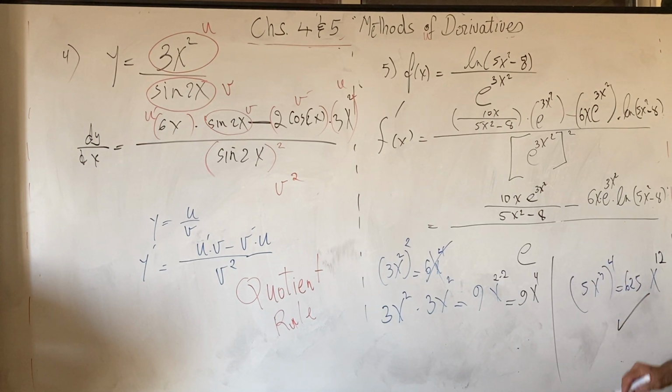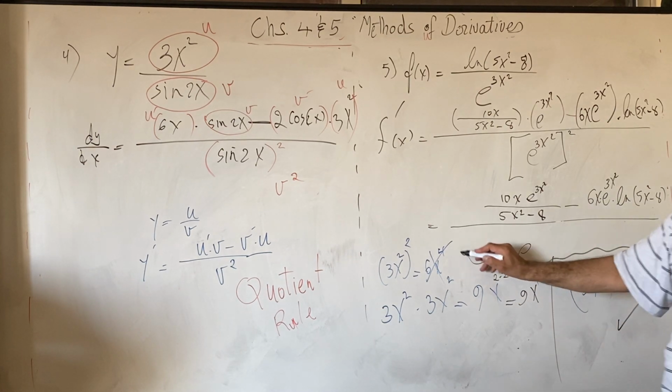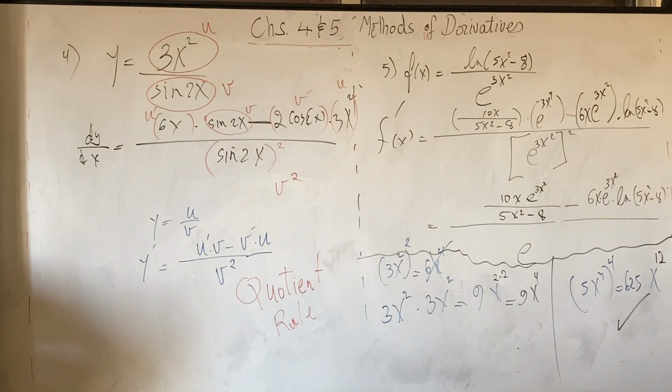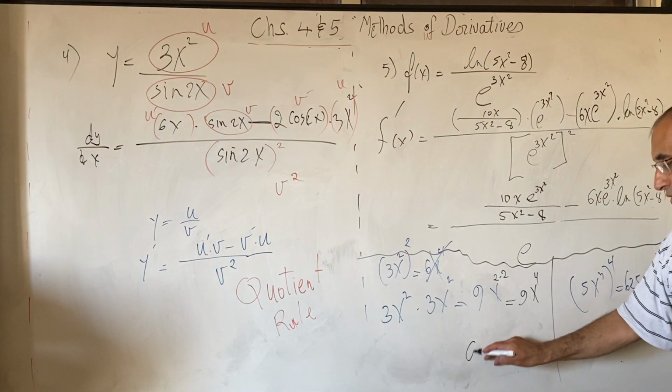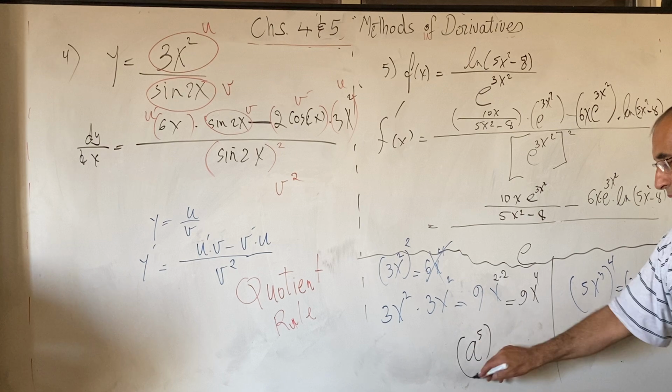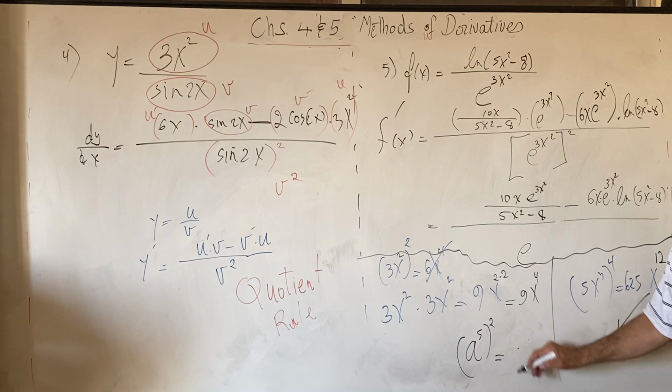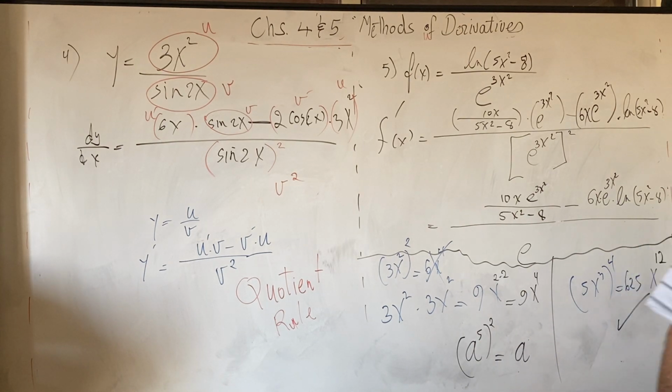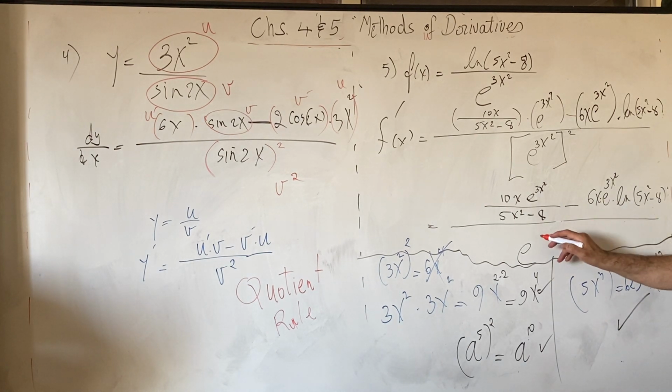But if you tell it to somebody who's not in the class, he will not follow us. One more. A to the power 5 all to the power 2. Do I say a to the power 7 or do I say a to the power 10? 10. Just make sure. It's good to know these things. If you don't want to know it, it's your business. So it's 9x squared, you multiply them out, it's a 4.